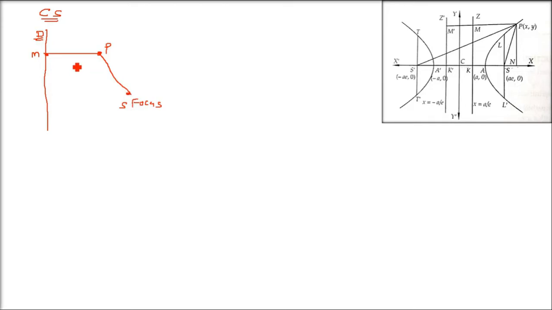If I call this moving point P, S is the fixed point focus, and PM is the distance of P from the fixed line directrix, then that ratio is the definition of any conic section: SP by PM equals E. If the eccentricity is equal to 1, the conic section is a parabola. If E is less than 1, we are talking about an ellipse, and when E is greater than 1, we are talking about a hyperbola. Exactly, hyperbola we are going to discuss today.